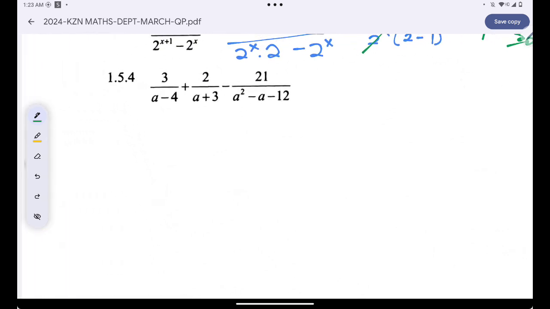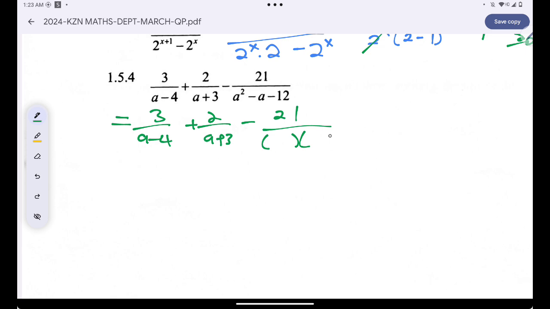Together. Okay, now I'm supposed to simplify fractions. For me to simplify fractions, I must make sure that all my denominators are simplified. Being simplified simply means that all the denominators need to be factorized. So I have 3 over a minus 4 plus 2 over a plus 3 minus 21.